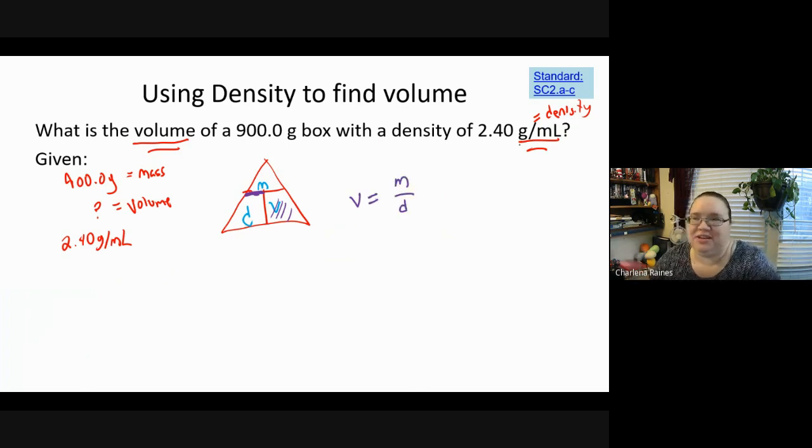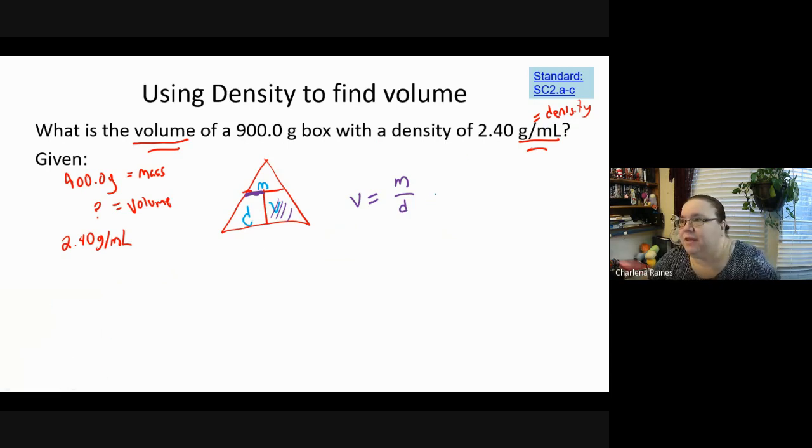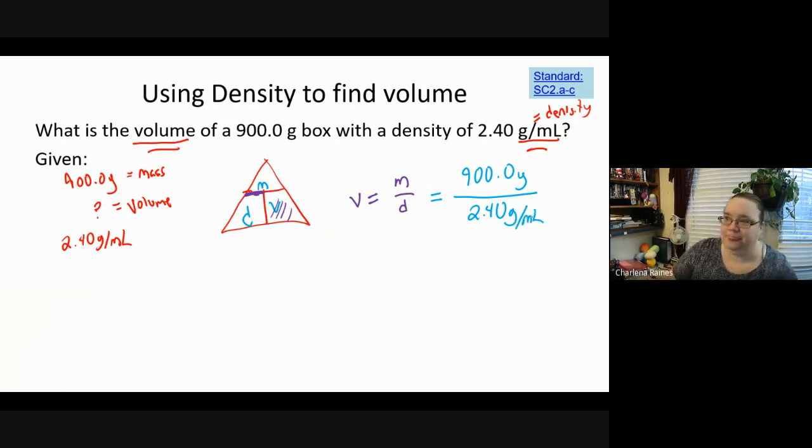Now, you don't have to necessarily write that purple part, but I just do because I'm a little bit OCD about it. Plug the numbers into either the equation or the triangle, and you see that you have 900 grams divided by 2.40 grams per milliliter.